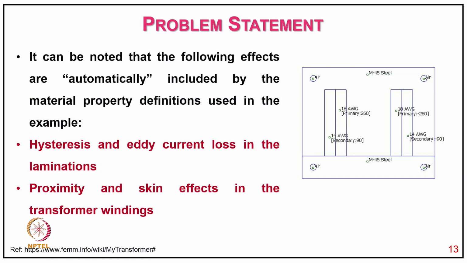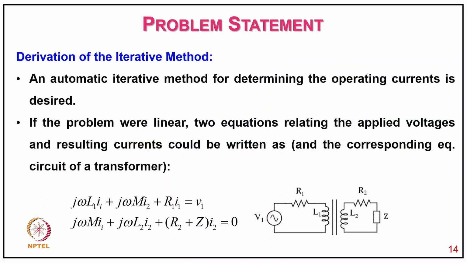It can be noted that the following effects are automatically included by the material property definition used in the example: hysteresis and eddy current losses in the laminations, and proximity and skin effect in the transformer winding. Coming to the derivation of the iterative method, an automatic iterative method for determining the operating current is desired if the problem is linear.